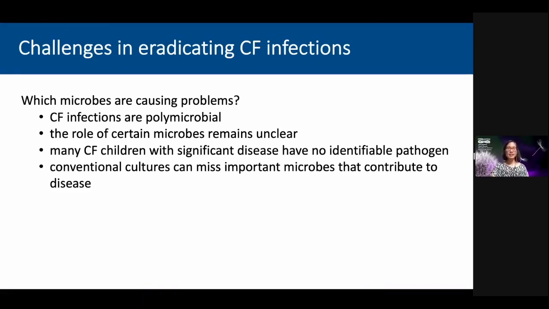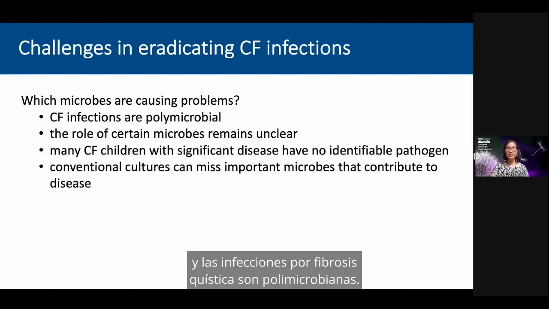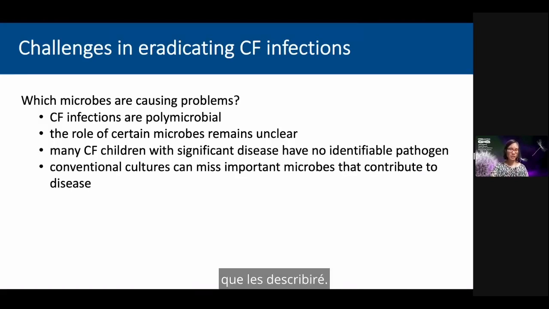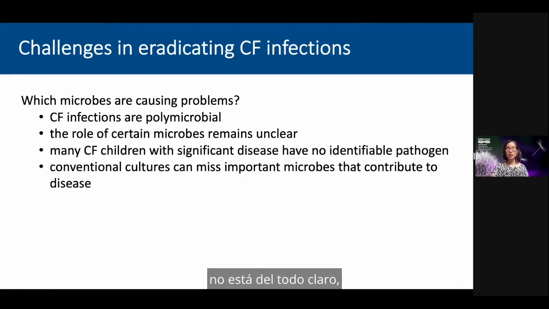Well, the first challenge is that although I've given you a very simplistic picture of one or two pathogens, we know that the respiratory secretions and the CF infections are polymicrobial. Lots and lots of different microbes, which I'll describe to you. And the role of certain microbes in causing disease is not entirely clear, either on their own or in how they interact with each other as a community.